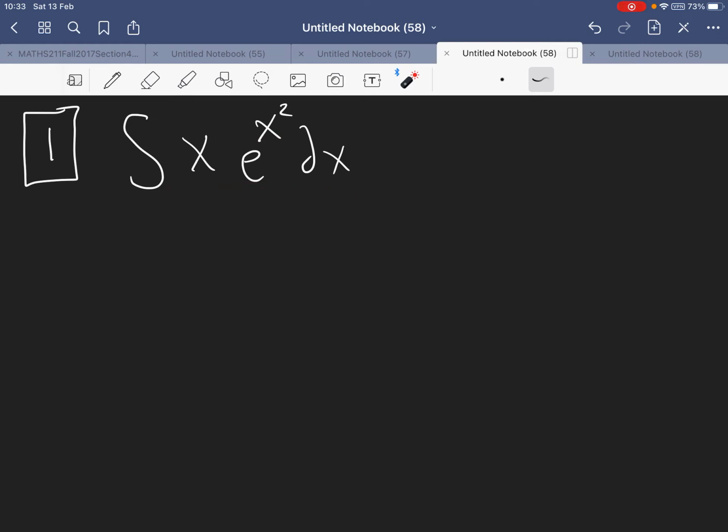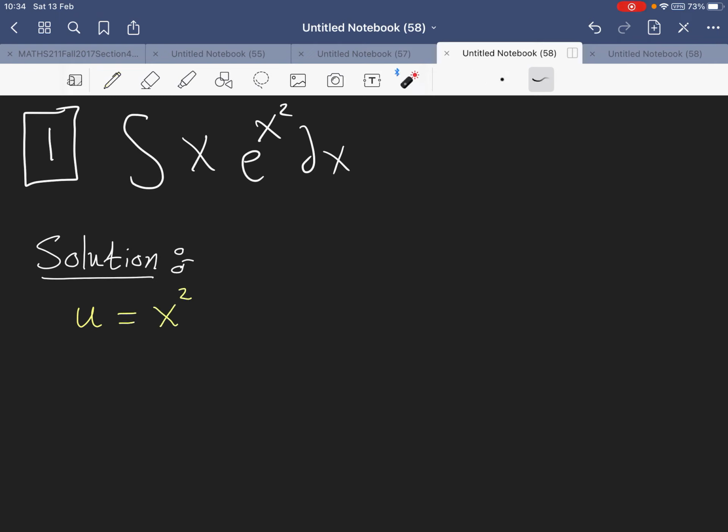Now, the first question to ask yourself: do you see an inner function, a function inside another function? Well, you can see here we have e, and inside the e we have x squared, because usually this is just e to the x. Now this is e to the x squared, so it has x squared inside the e. So this will be my candidate to be u. I will say u equals x squared.